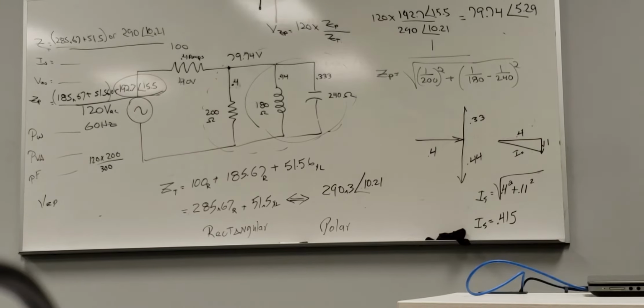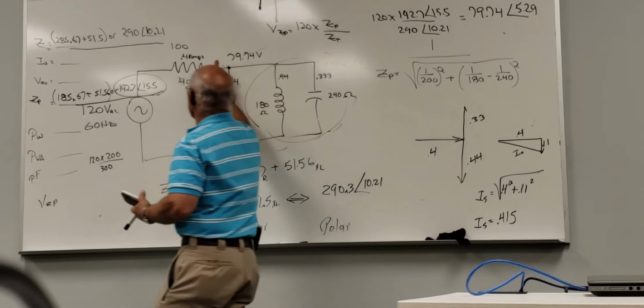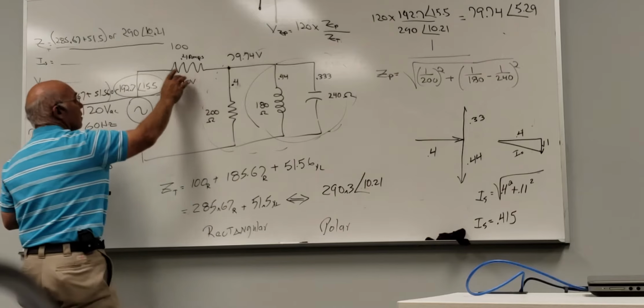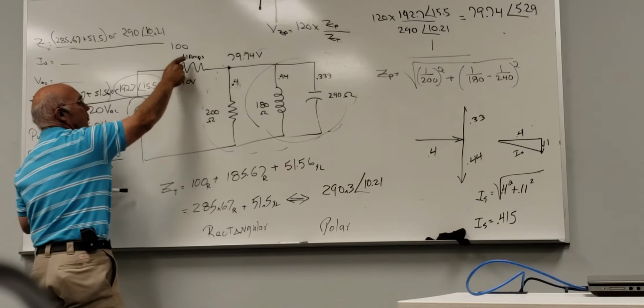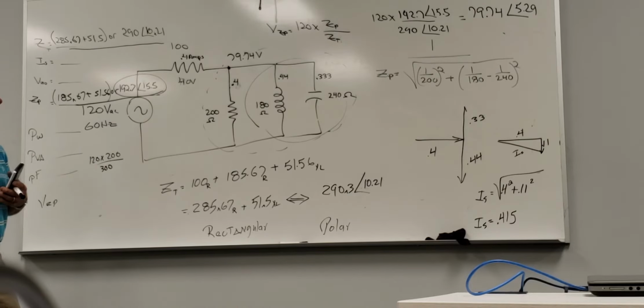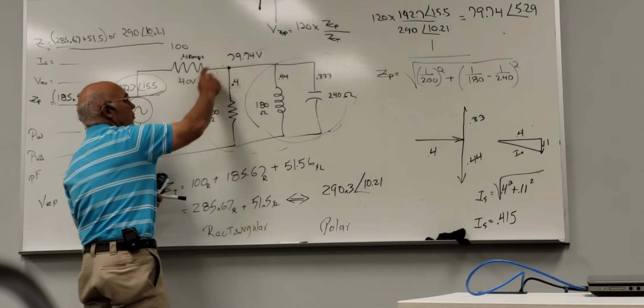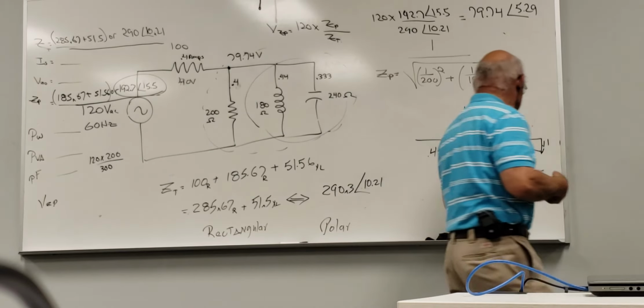Alright. And again, if you do this, actual voltage minus that, it's going to come out closer to 0.415. Because it's not quite 80, we were just eyeballing it, guesstimating. So it makes sense.